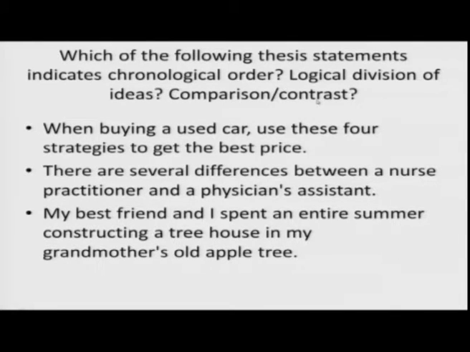Let us look at the third one. My best friend and I spent an entire summer constructing a tree house in my grandmother's old apple tree. So, here the clues are, you have past tense, spent, and it includes a reference to some personal details. So, you can expect it is going to be a personal narrative of a particular incident. What incident here?